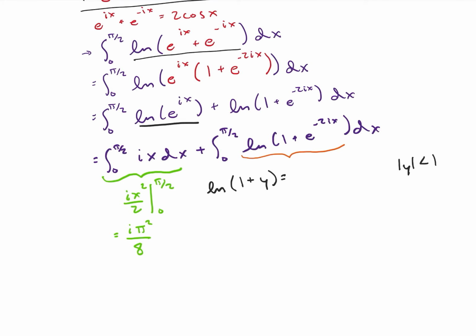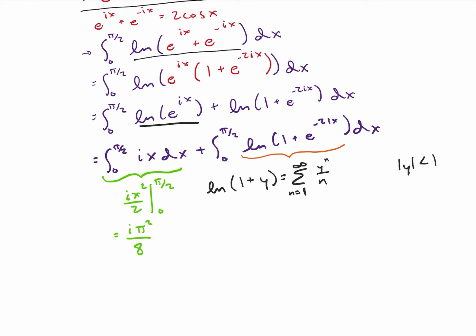So I see that ln of 1 plus y is going to be the sum from n equals, let me make sure I get this right, 0 to infinity of y to the n over n. Actually, this is going to be from 1 to infinity, I apologize.